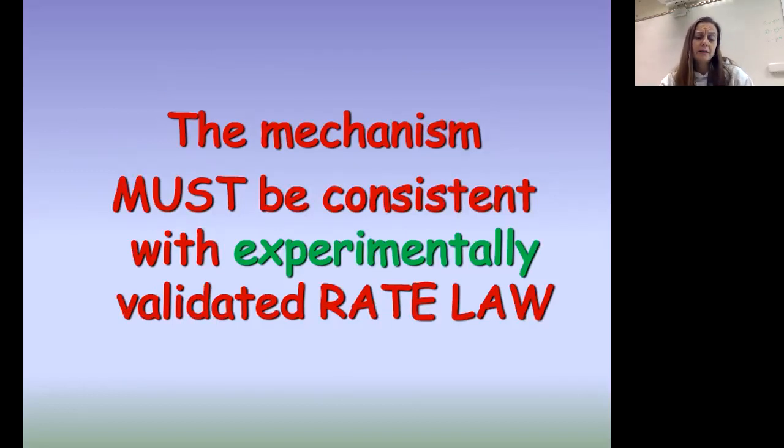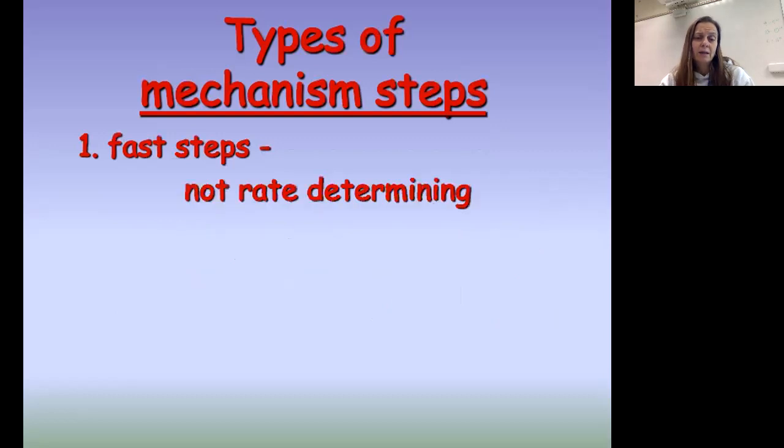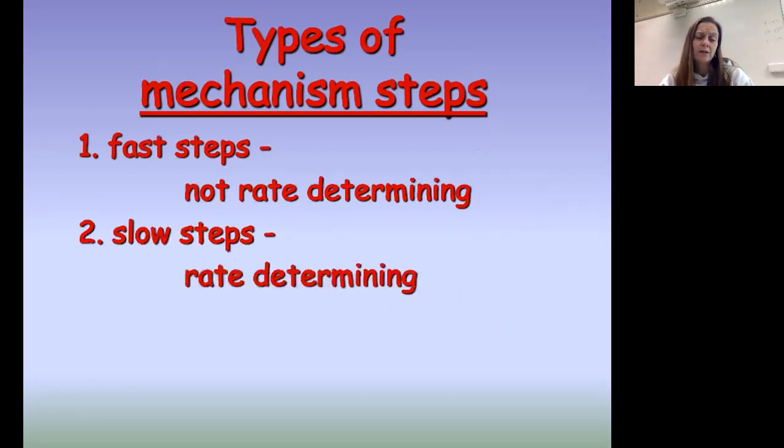So because a mechanism explains the steps that happen along the way, we have different types of steps in our mechanisms. So we have our fast steps, and our fast steps are those steps that are not rate determining. And then, of course, we have slow steps, and slow steps are our rate determining steps because the whole reaction can only go as fast as the slowest step.